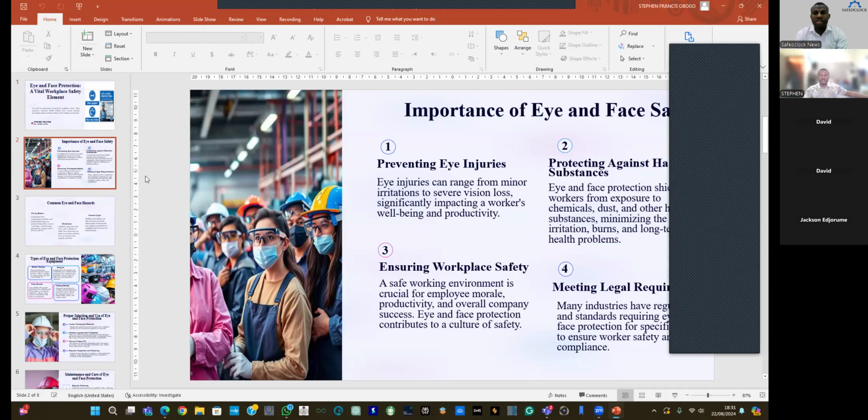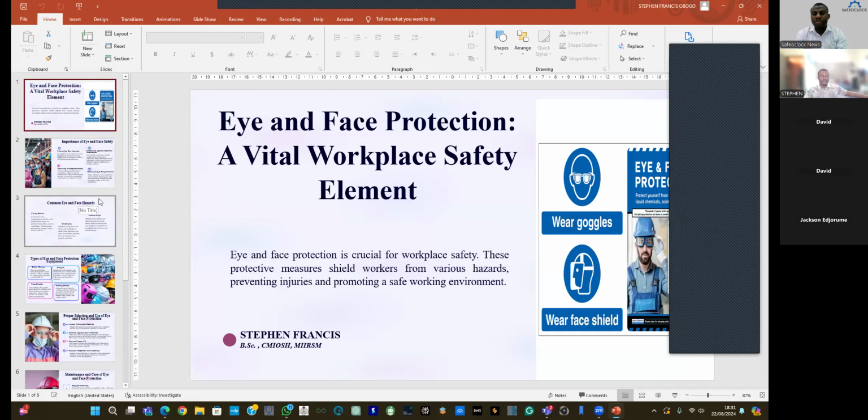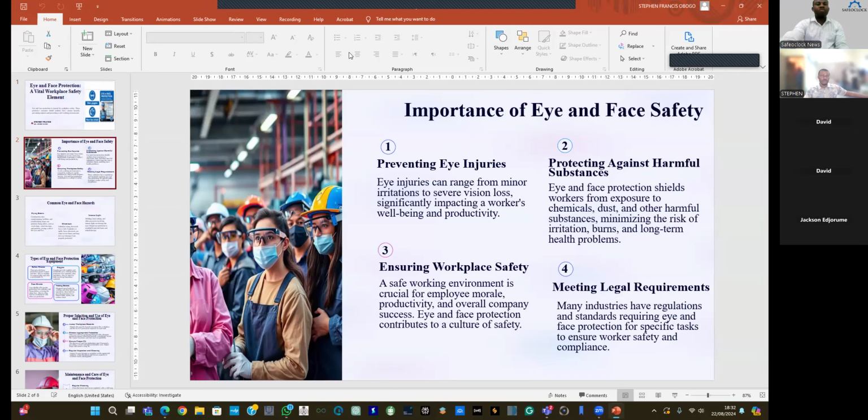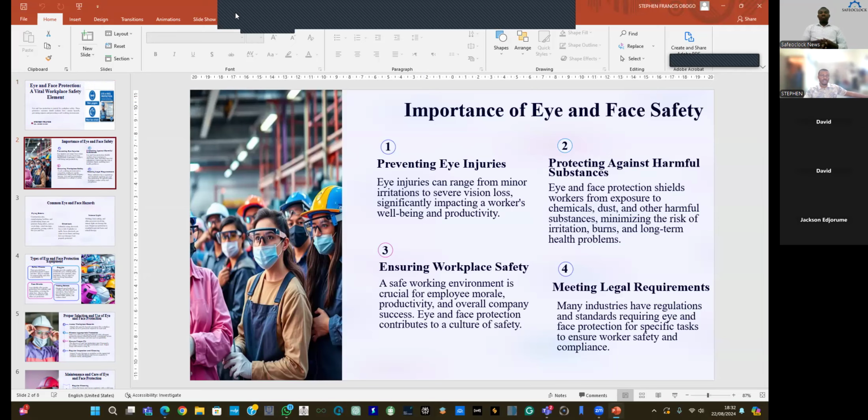Yes, you're audible. So what I'm trying to say is that most of the points you discussed so far are also what I have on my slide, as you can see. But then you give a brief definition as well, with respect to the importance of eye and face protection.